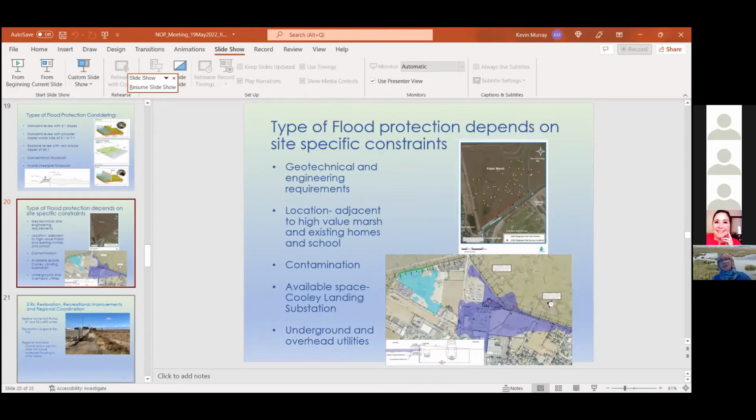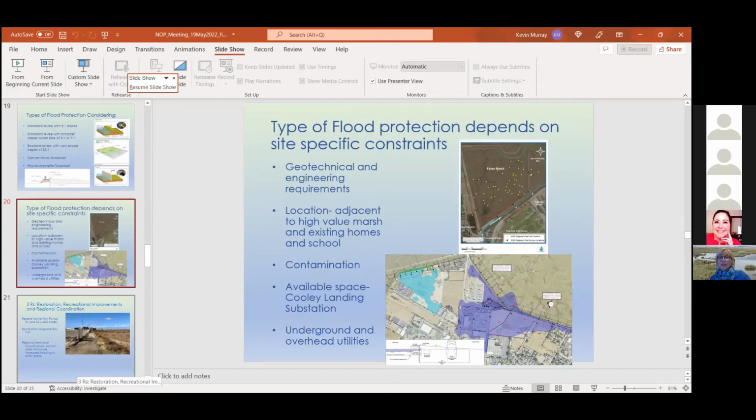So the type of flood protection that we select is going to depend on a whole bunch of site-specific constraints. Of course, we'll need to meet geotechnical and engineering requirements. In addition, there are other important considerations such as locations near homes and schools, and location near high-functioning marsh. This top picture shows sensitive habitat species. And just because we don't see any of the yellow dots on the north, that's just because we did not look there.